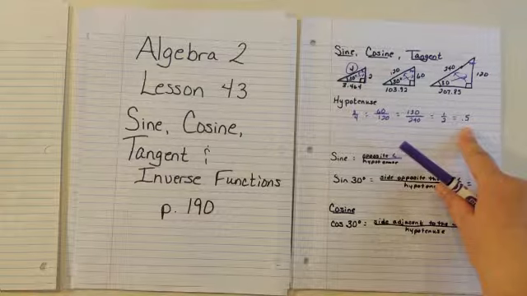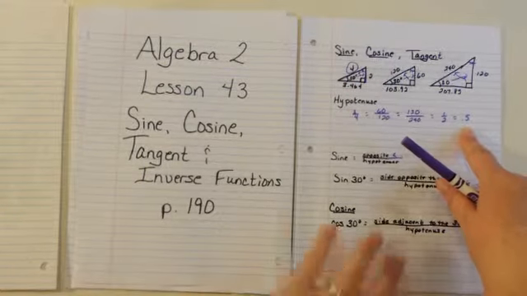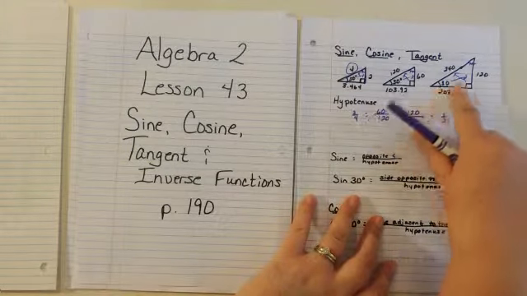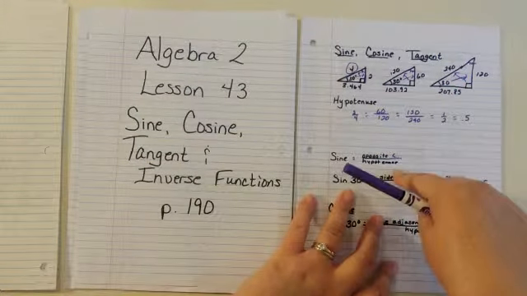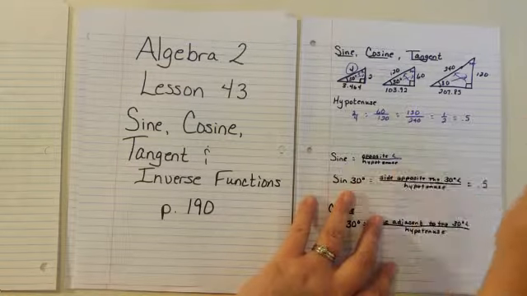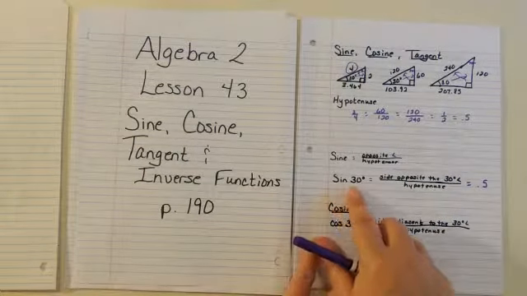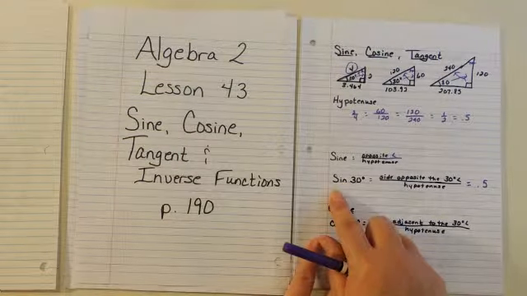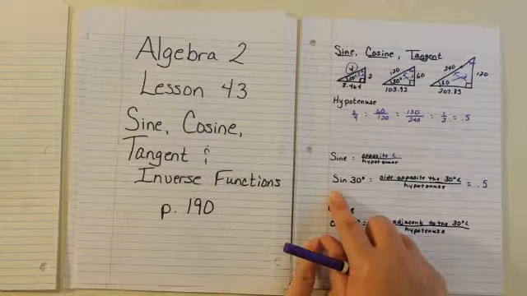We call this the sine of the angle. The sine is the opposite side of whichever angle we're working with over the hypotenuse. So we would say that the sine of 30 degrees, and notice we dropped the e, this is not sin, this is sine when we're talking about math.